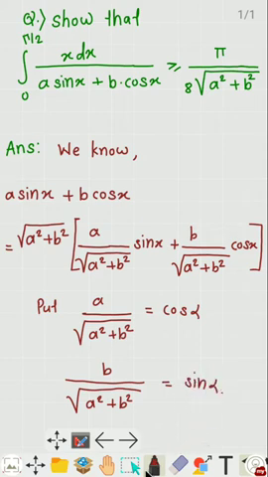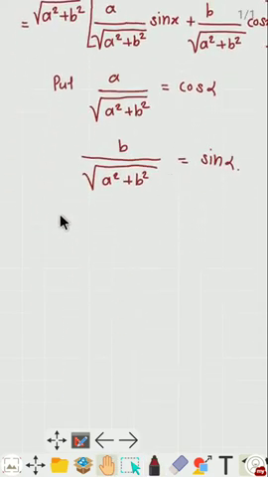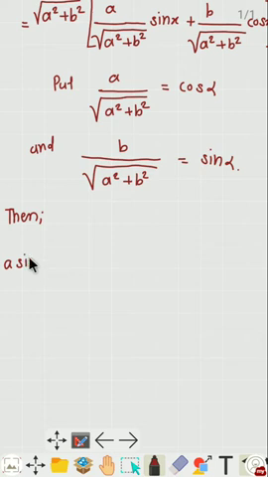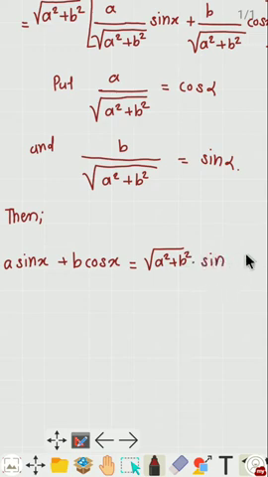Then the above equation becomes a into sin x plus b into cos x is equal to square root of a square plus b square into sin of x plus alpha.